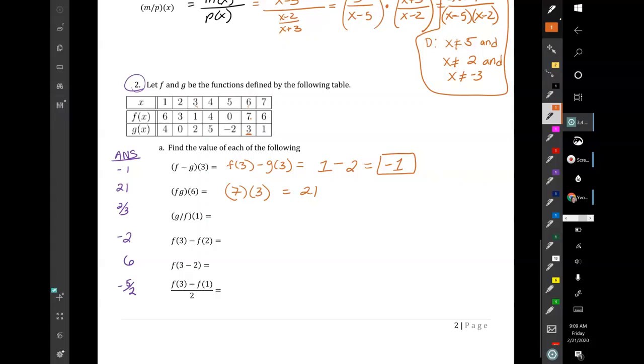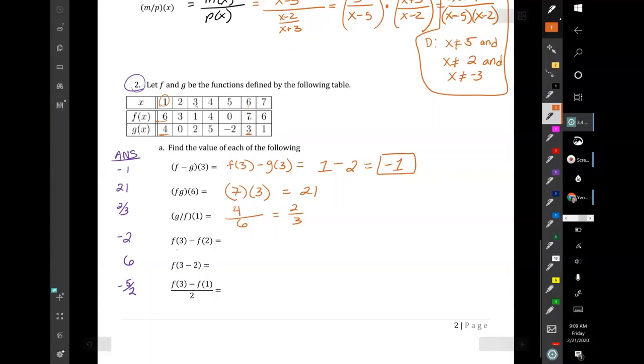Now this one, g divided by f, all of 1. We're going to find 1 on the table, and then our g function is what goes in the numerator. So 4 divided by our f function, which is 6, and then reduce it to 2/3. f of 3 minus f of 2.